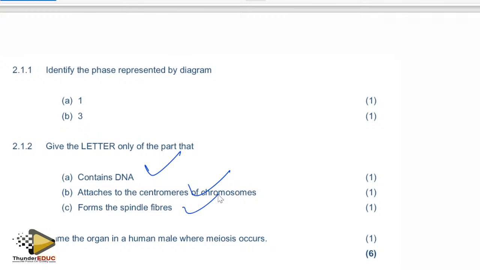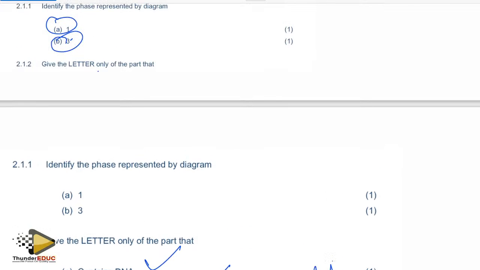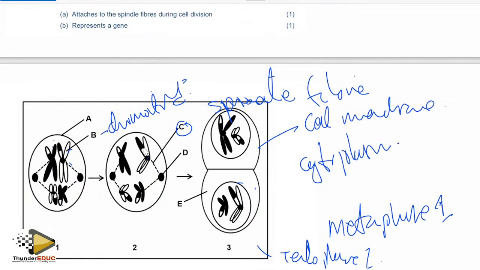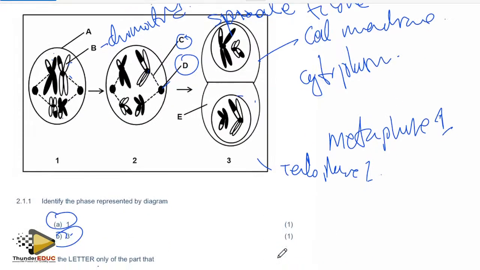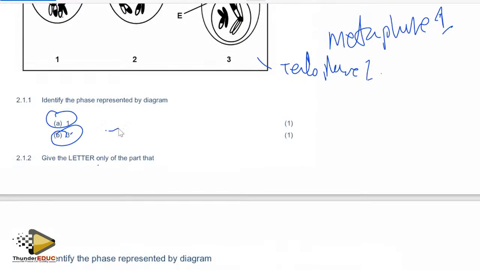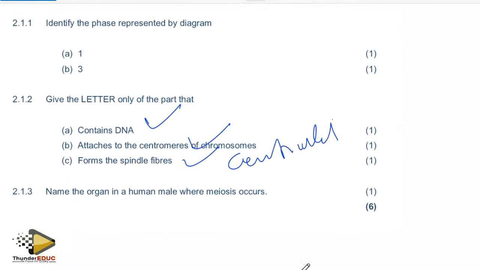Forms spindle fibers. So these are the centrioles. We look for centrioles, and it is part D. So the answer here becomes D.